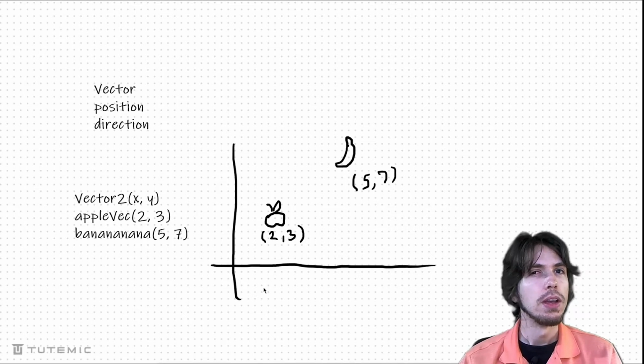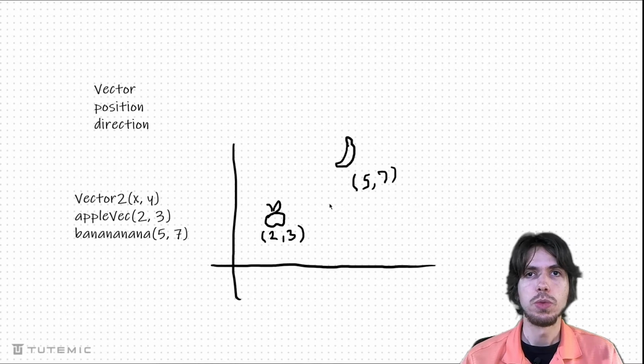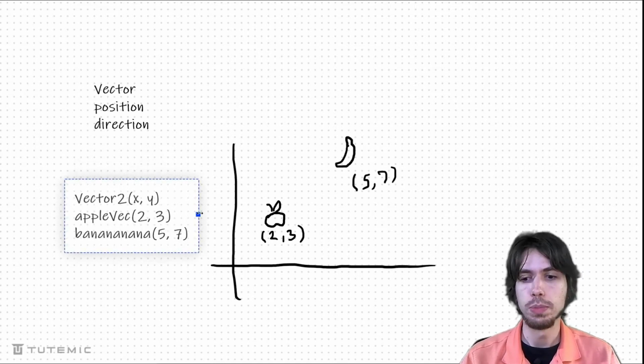But how can we use them a little bit more powerfully than that? One way is, what if we wanted to determine the distance between the apple and the banana? Fortunately, vectors can be added and subtracted super easily.